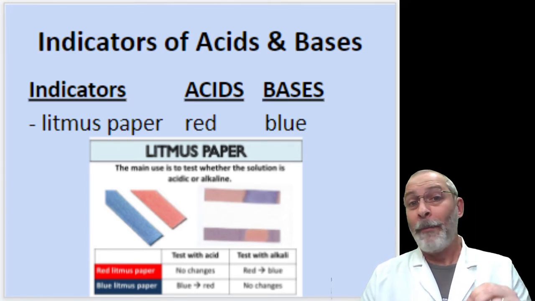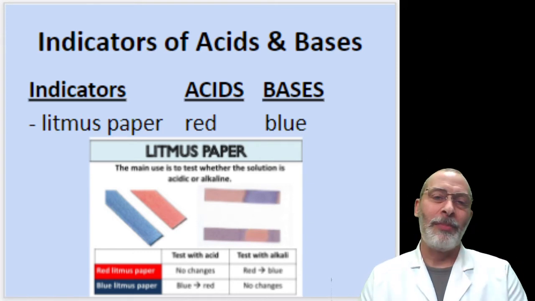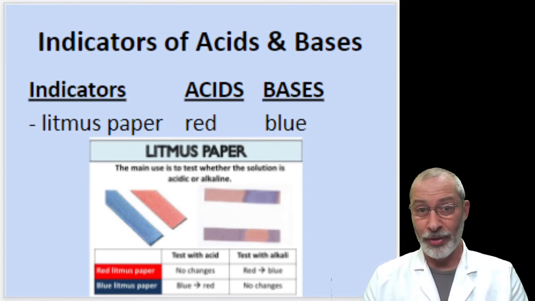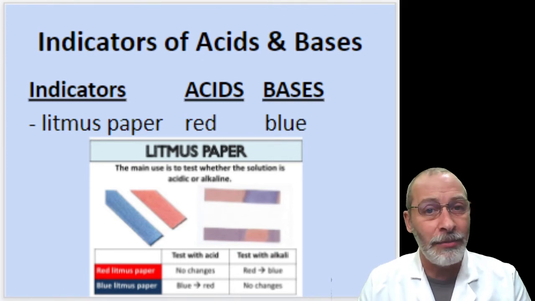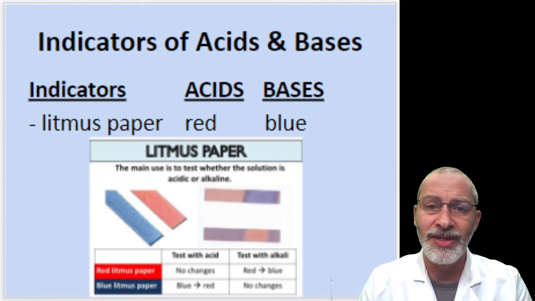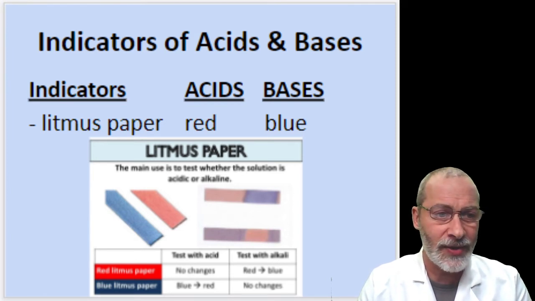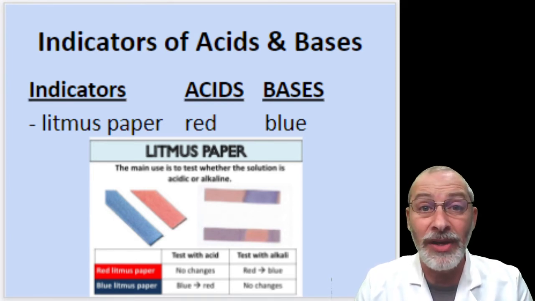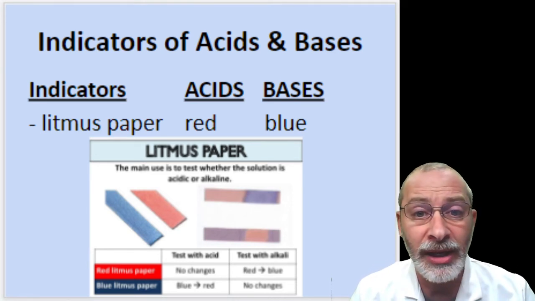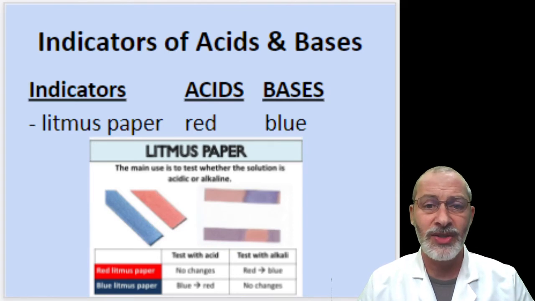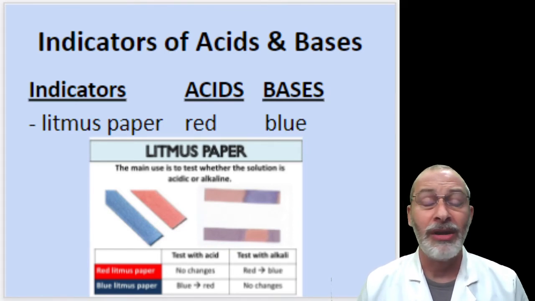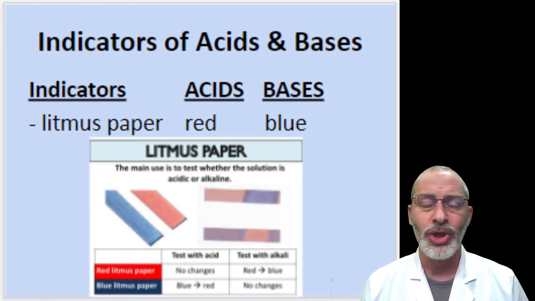And the most basic type of indicator is something called litmus paper. In fact, you may have used litmus paper in previous years to determine whether something is an acid or a base. Now, our activity tomorrow is going to be further explaining litmus paper, so stay tuned for tomorrow's activity and I'll explain in greater detail the usage of litmus paper.